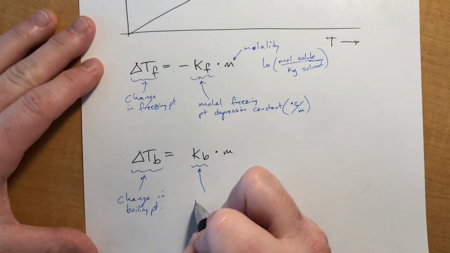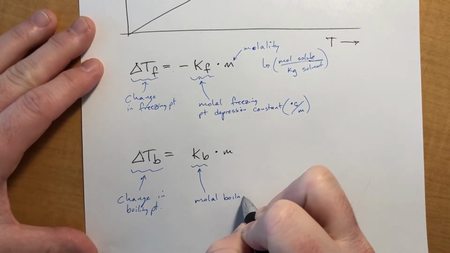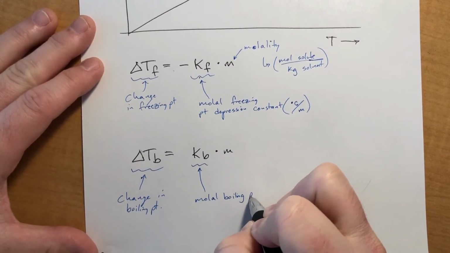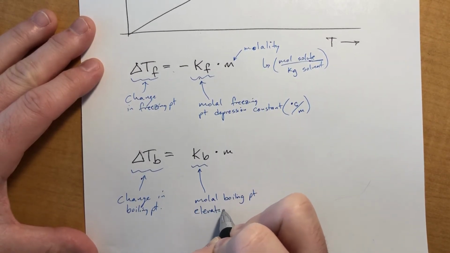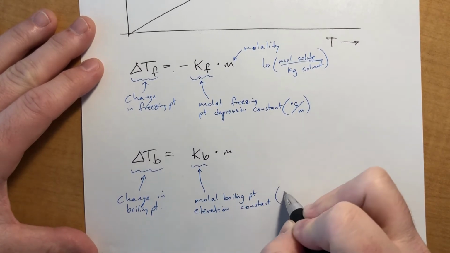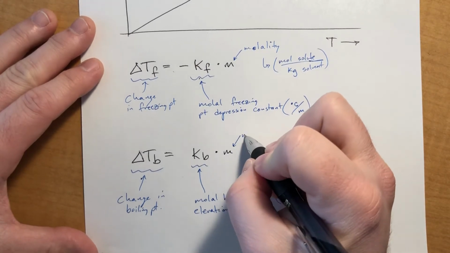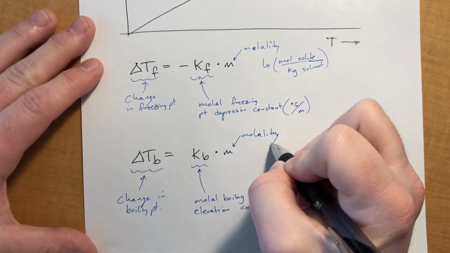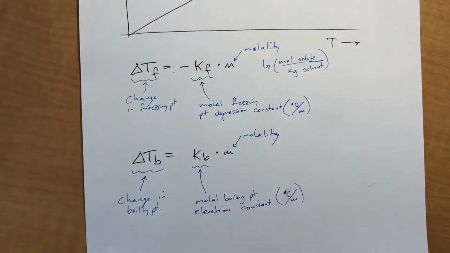This is the molal boiling point elevation constant. And this is also degrees C per molal, and this is still molality, which I'm not going to relabel because it's literally right there.